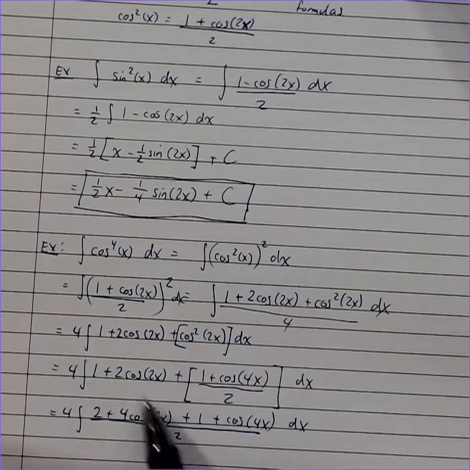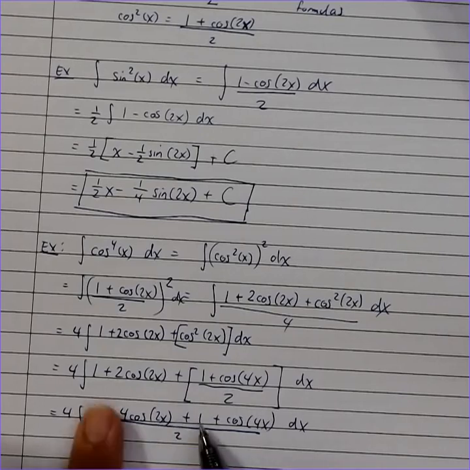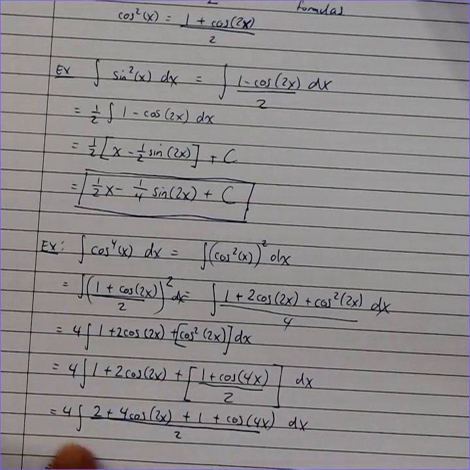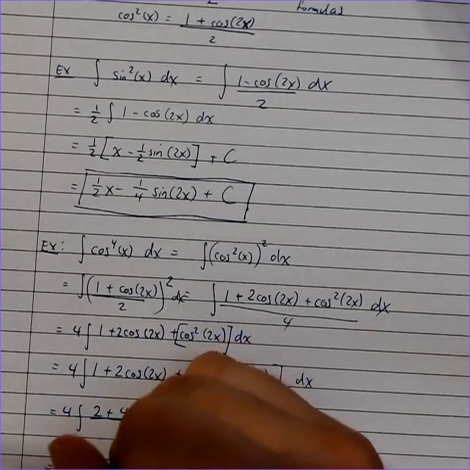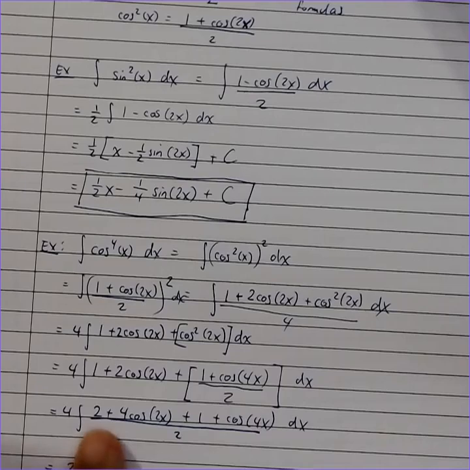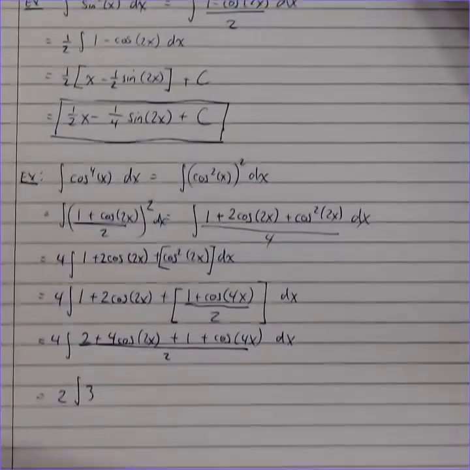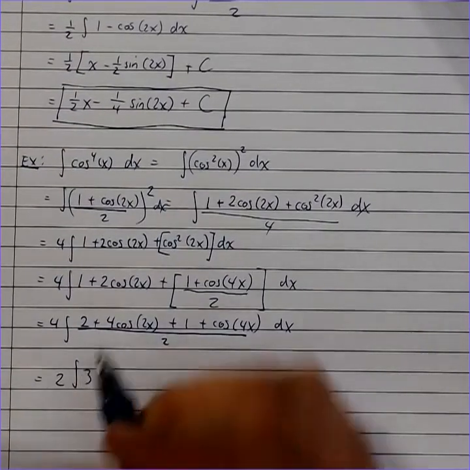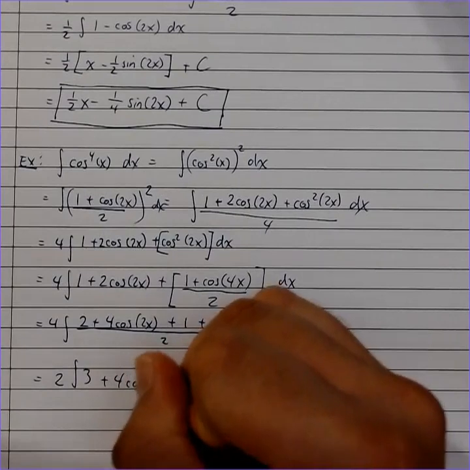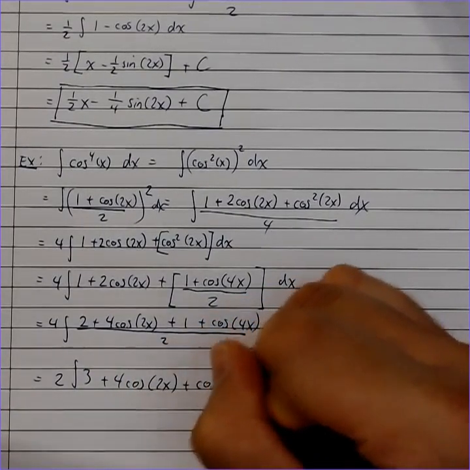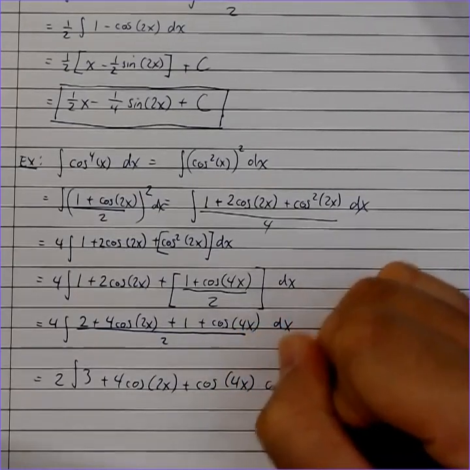So now they all have a common denominator, which means I can factor out that common denominator, and also, hey, look, those two combine together. So 1 plus 2 is 3, plus 4 cosine of 2x plus the cosine of 4x dx.